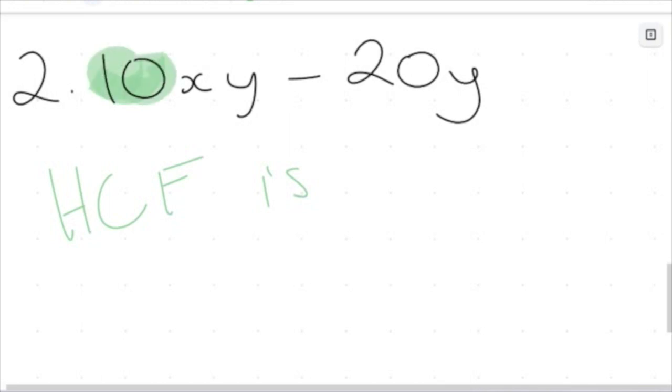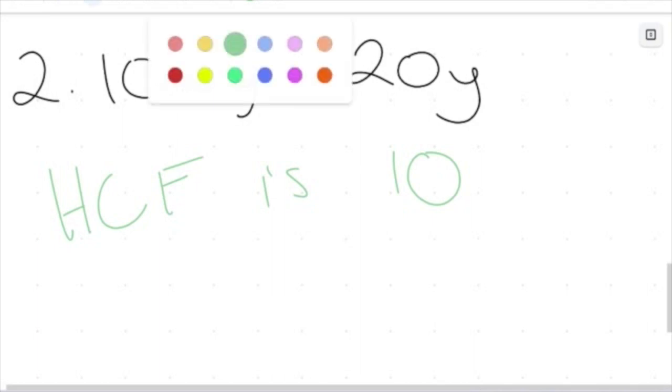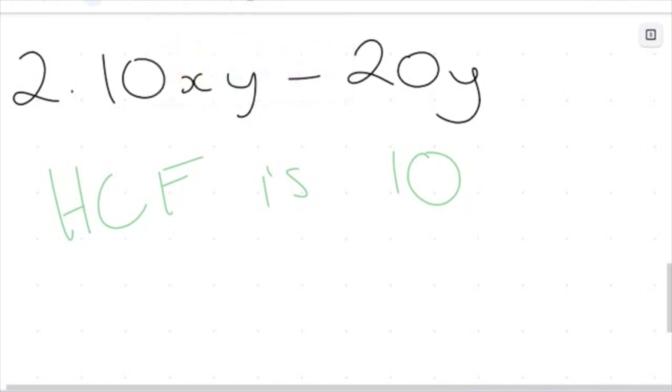I know that 10 goes into both 10 and 20. So I'm going to write that down as 10. The 10 goes into both of these. I know that for sure because it goes into 10 and negative 20. But also notice that we have a y term in both of these as well.